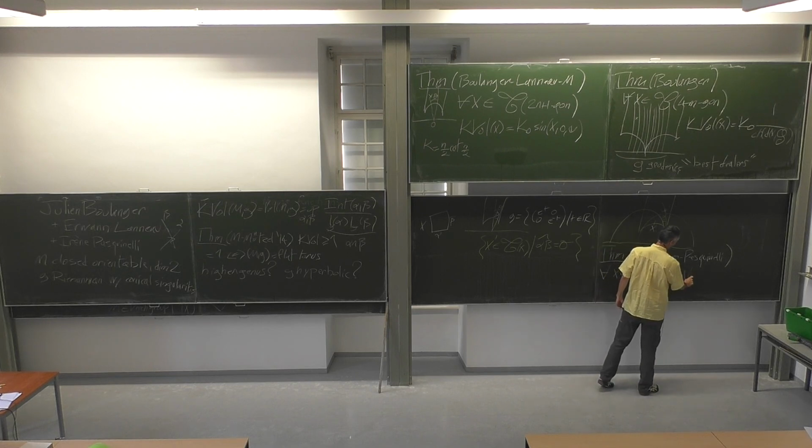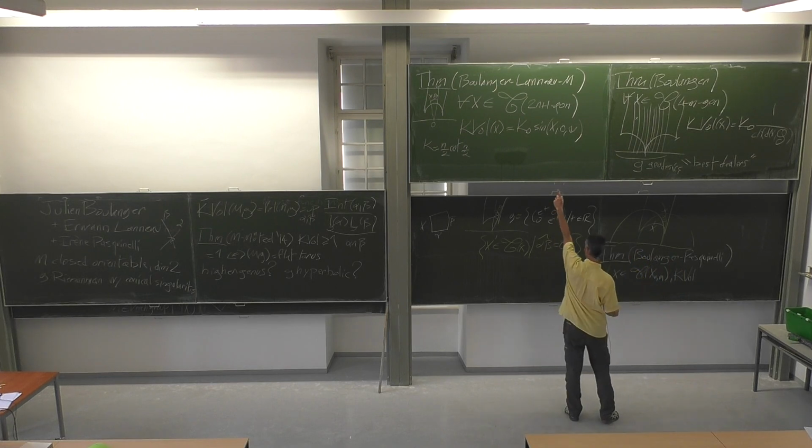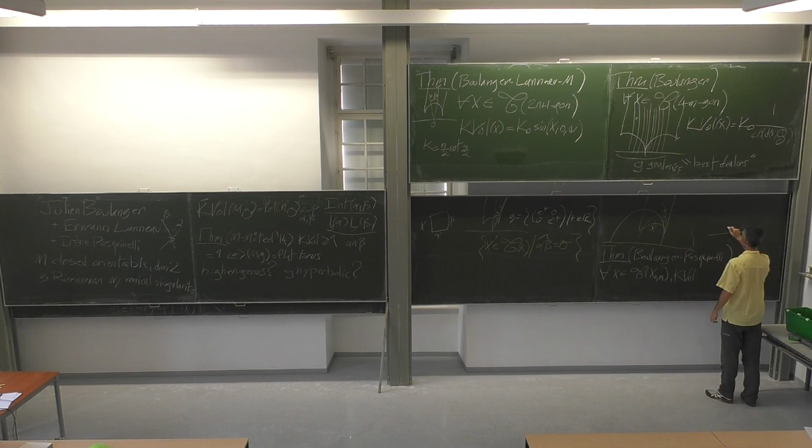And in that case, the result is as simple to state as in the case of the 2n+1-gon. The Teichmüller disk looks like this.